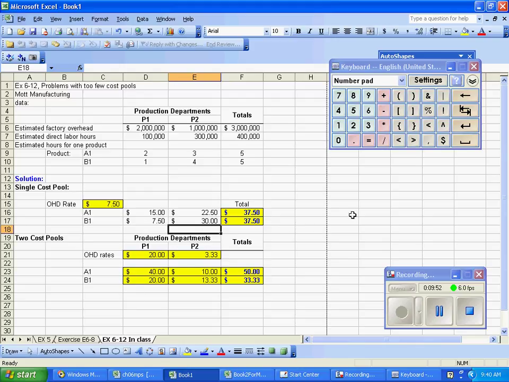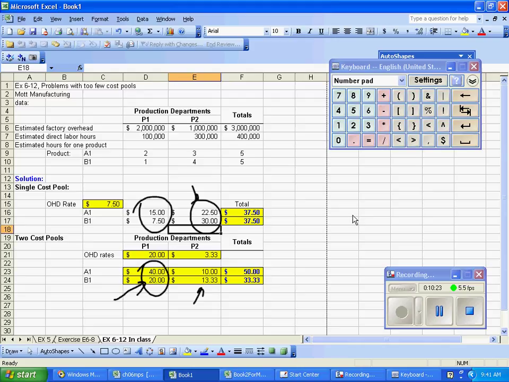So you can see, for instance, in these two departments, for Product A and B, you only have a total of $22.50 being applied from this department if you were smoothing. Here you've got $60 being applied. And the reverse is true here. You've got way more overhead being applied here and much less here.